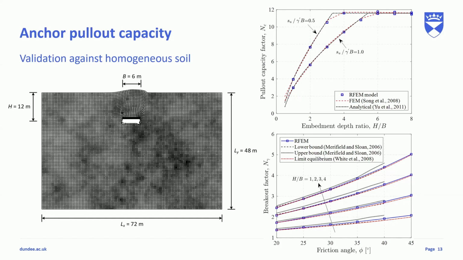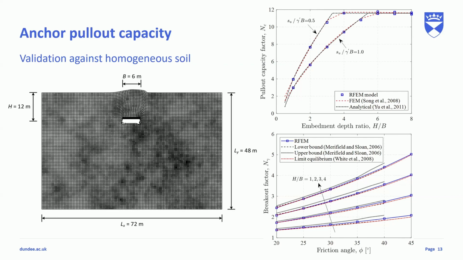The graph on the left is a random soil, and you can see the contour here. The light and dark areas mean that the soil properties are different. Dark means soil strength is bigger. And in the finite elements, we just pull out the anchor. This is the anchor, which is rigid. We assume it is rigid because it is generally steel, which is very, very rigid compared to the soil.